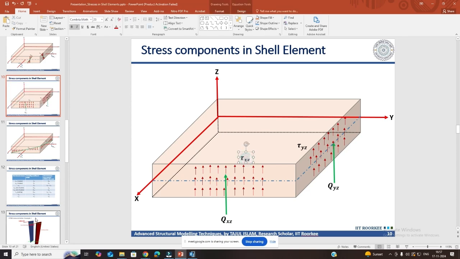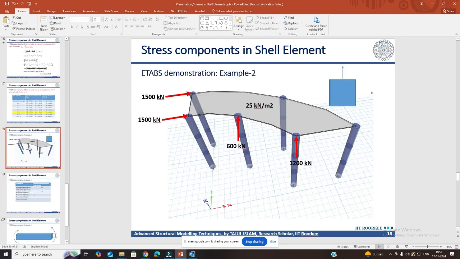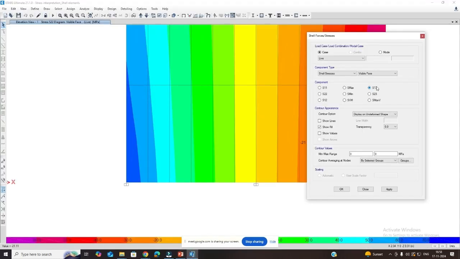If you see here, this is my x plane, which is this plane corresponding to this plane. So this is 2 plane actually, and the direction is z. So that means 3. So I have to check 2 3, not 1 2, not 1 3.